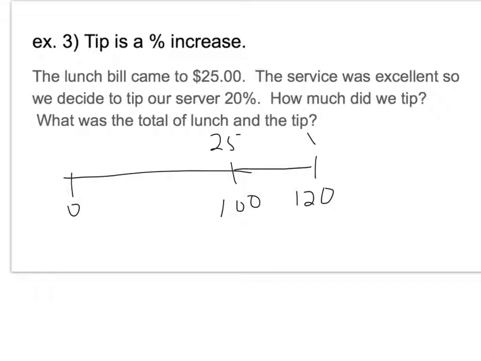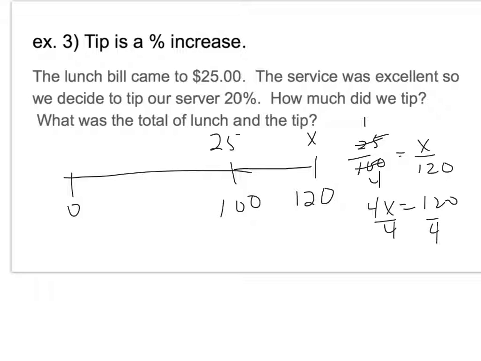So let's put x here. So we have 25 over 100 equals x over 120. Let's simplify 25 over 100 to 1 over 4. Now we can cross multiply. We get 4x equals 120, which when we divide by 4, we get x equals 30. So 30 goes here.